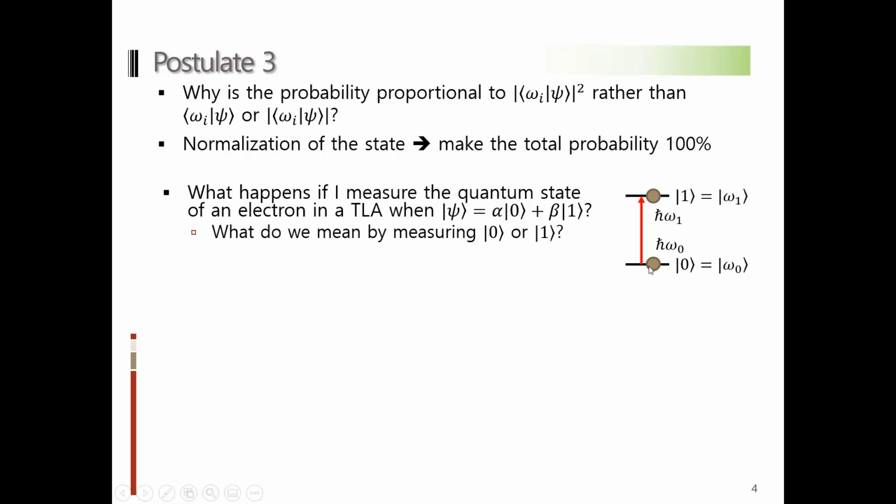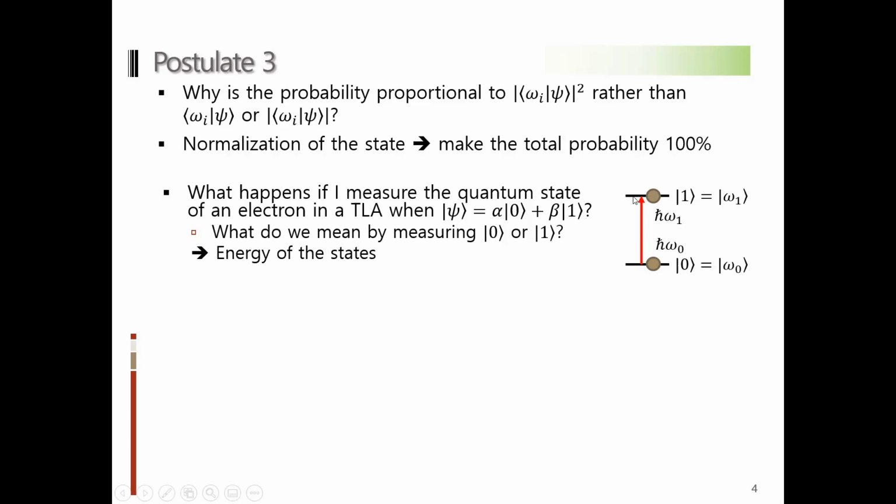Generally what we mean is that each of the energy levels will be occupied by the electron, and measuring the 0 or 1 means measuring the energy level of each of these states. And when we measure each of the states, what kind of measurement value do we get? Probably the most reasonable measurement value is the energy.